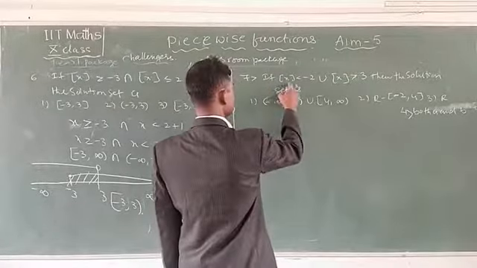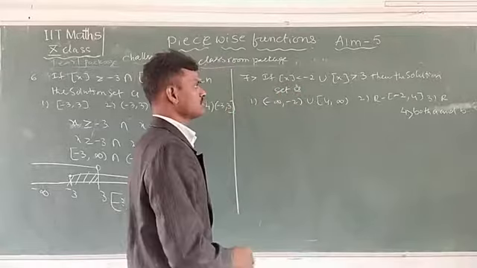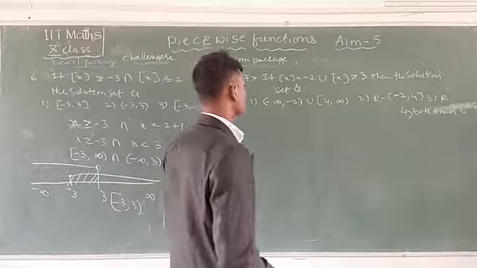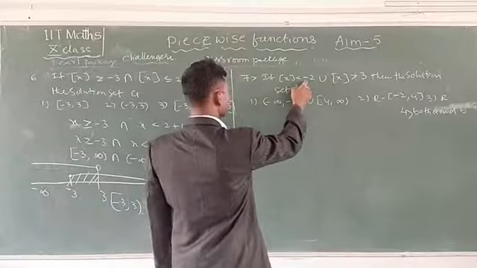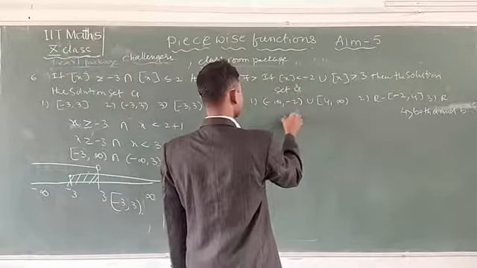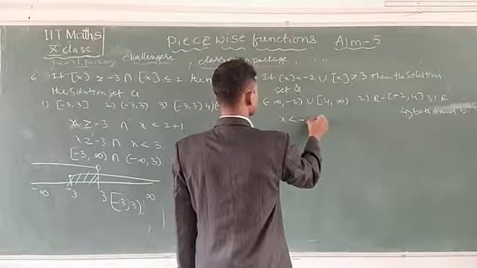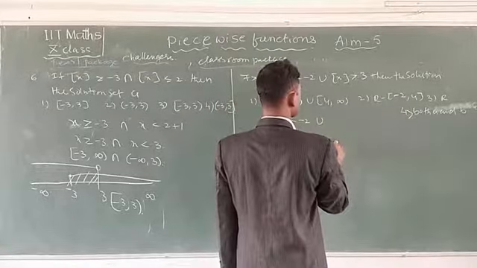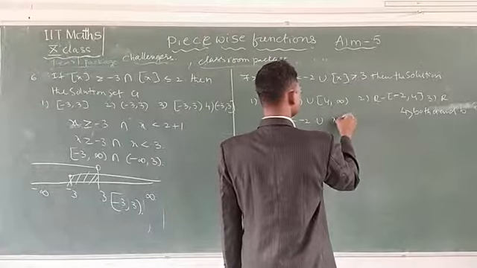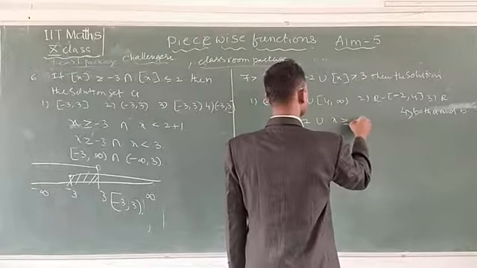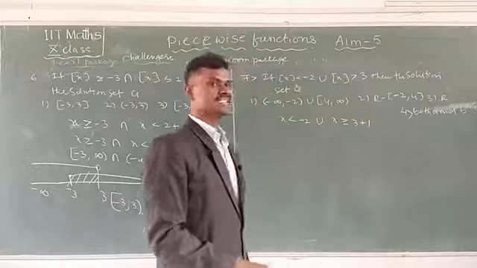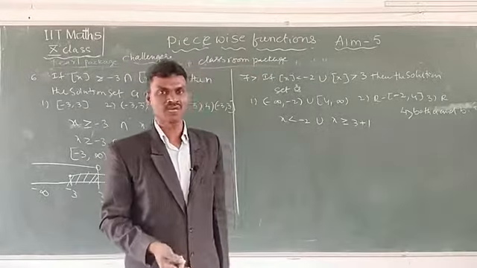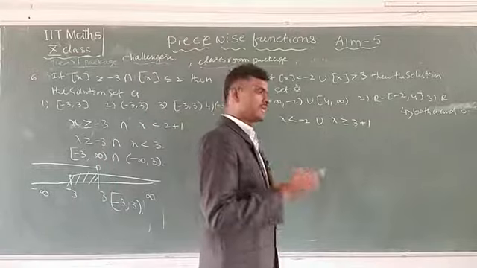Here, if [x] is less than minus 2 union [x] is greater than 3, then the solution set is, see here, [x] is less than minus 2 means x is less than minus 2 only. Union, [x] is greater than 3 means x is greater than or equal to 3 plus 1. [x] is greater than I as given means x is greater than or equal to I plus 1.